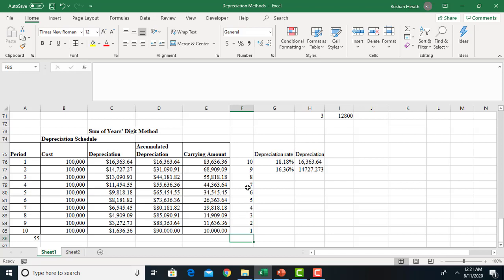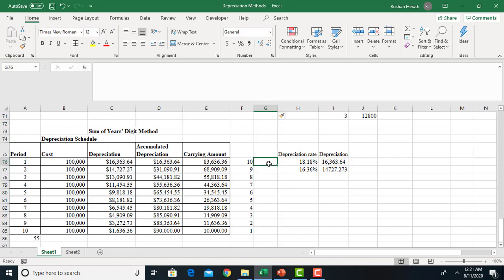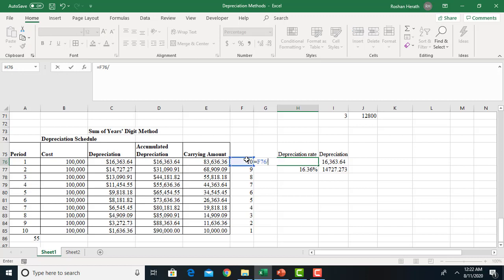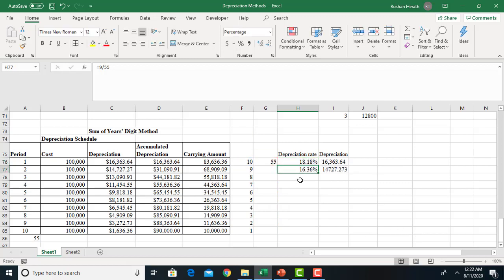So this is what the year's digit is in the reverse order. So when it comes to the depreciation, you may take the total. The rate is simply the year's digit in the reverse order divided by the total, or the sum of the year's digit. Consequently, the first year you have taken 10 divided by 55, and the next one, the same thing.